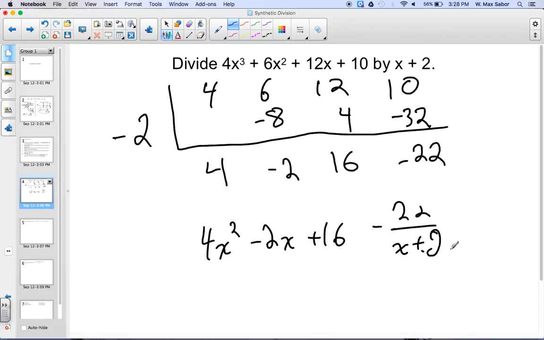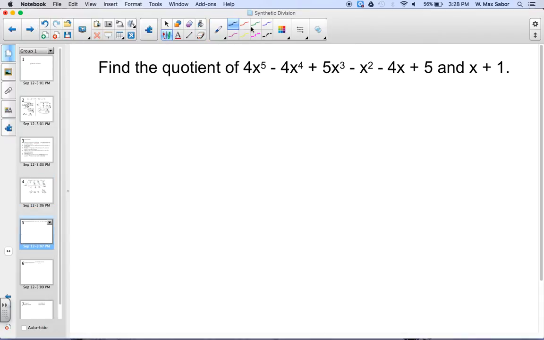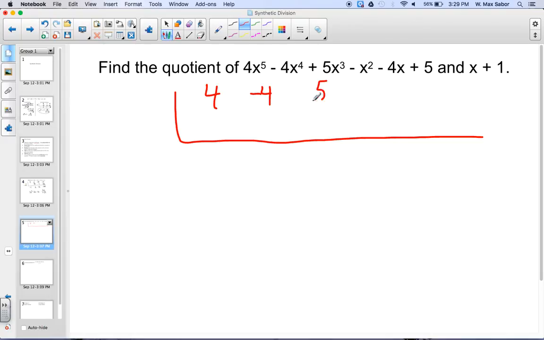Let's go on to another one. Here we have 4, 0, 5, -6, 2. We're just writing down the coefficients. Because of x plus 1, we're going to write -1 here.